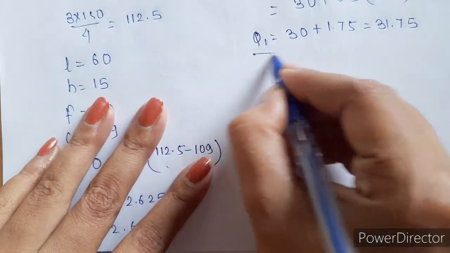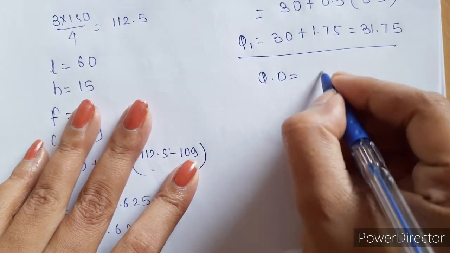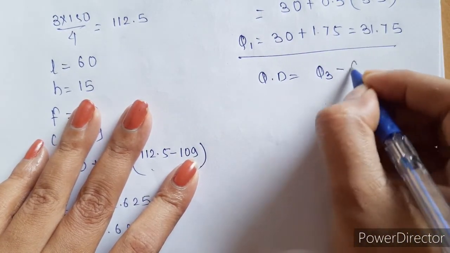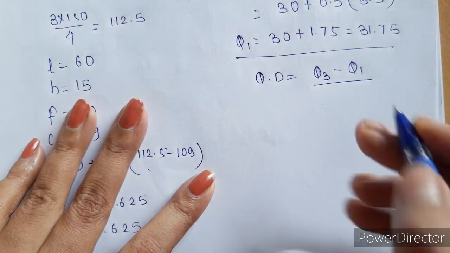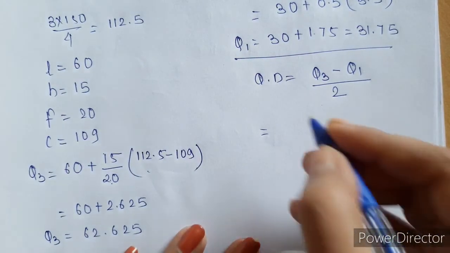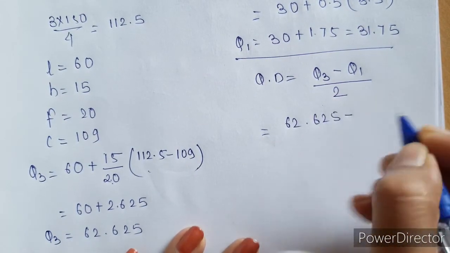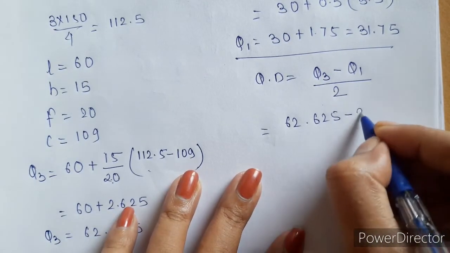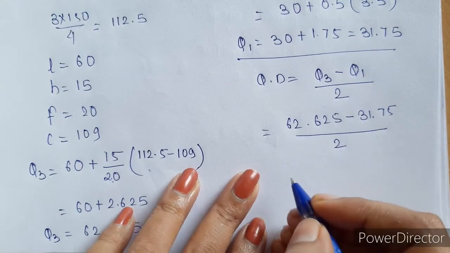Now we have to find the quartile deviation. I am writing it here. So quartile deviation is upper quartile minus lower quartile, the difference between upper quartile and lower quartile, divided by 2. Now upper quartile is 62.625 and lower quartile is 31.75, divided by 2.